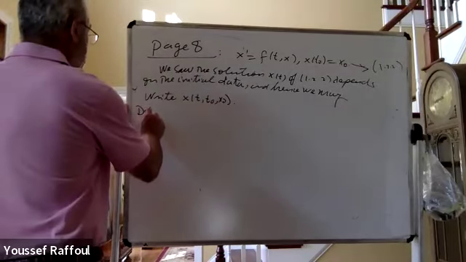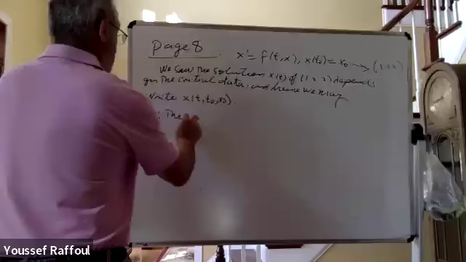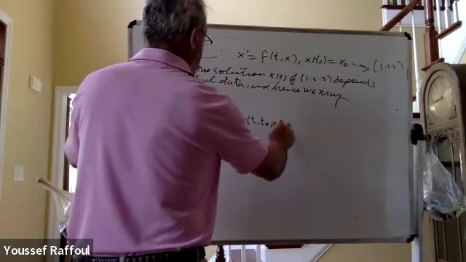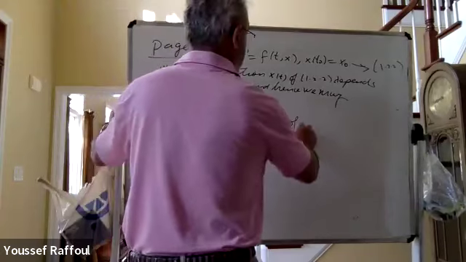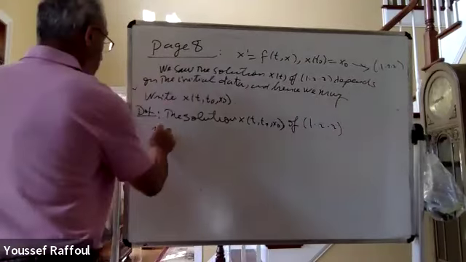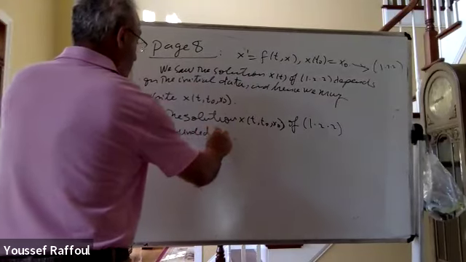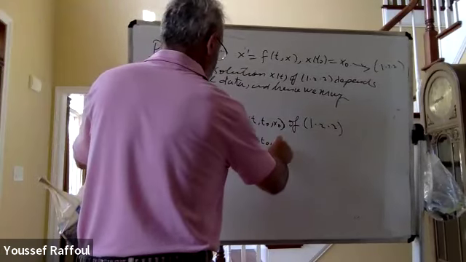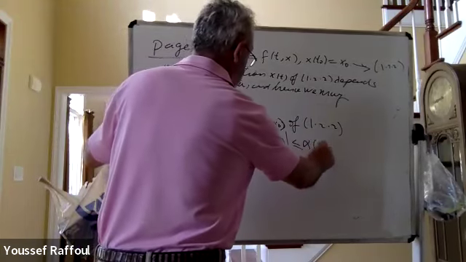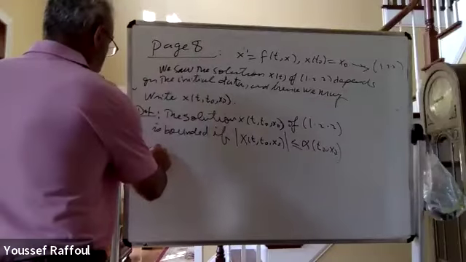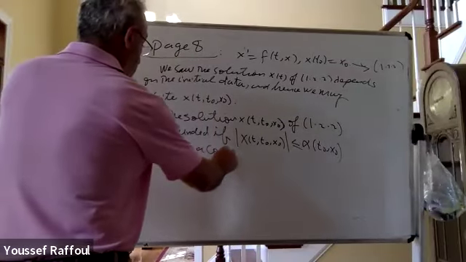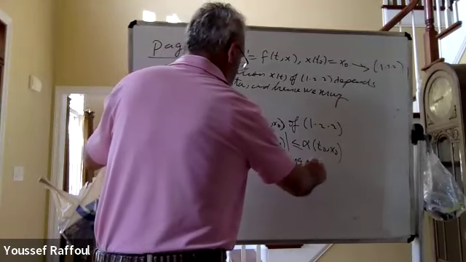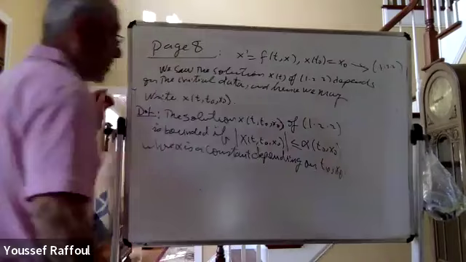Okay, so the first definition: the solution x(t, t naught, x naught) of 1.2 is bounded if the absolute value of x is less or equal to alpha, which depends on t naught and x naught, where alpha is a constant depending on t naught, x naught.